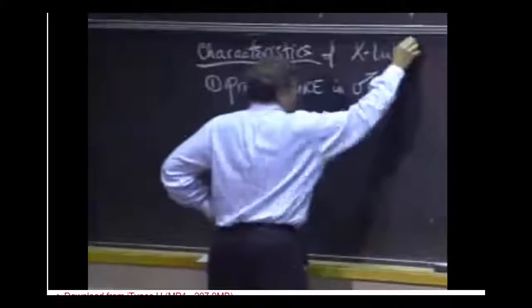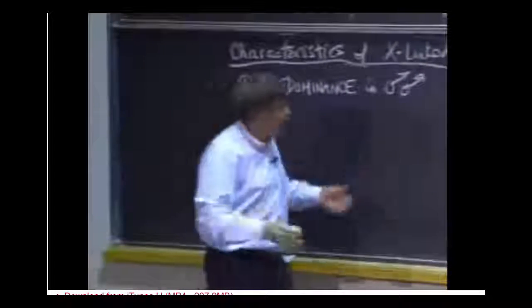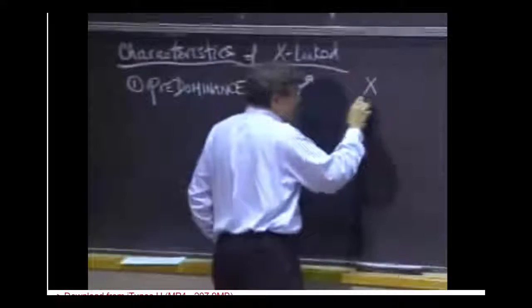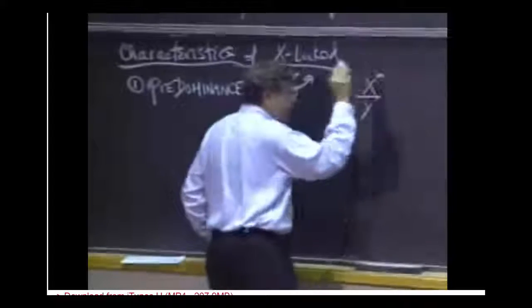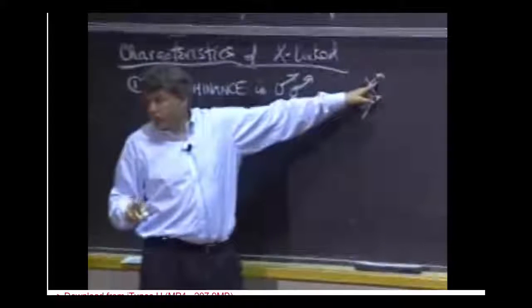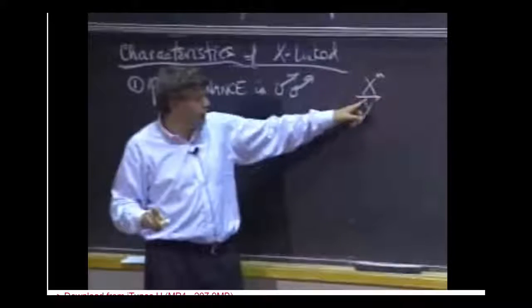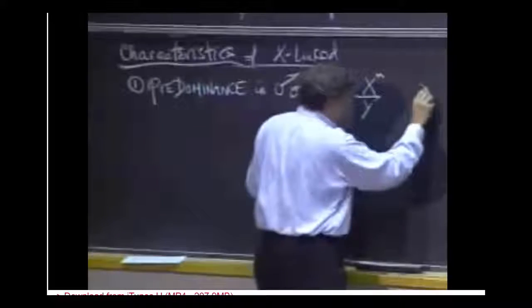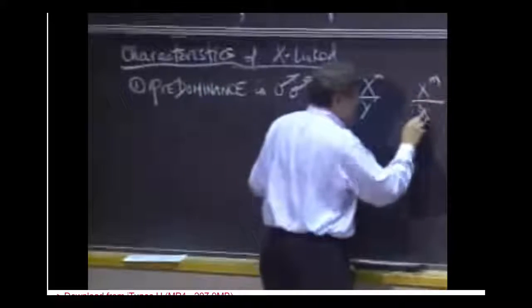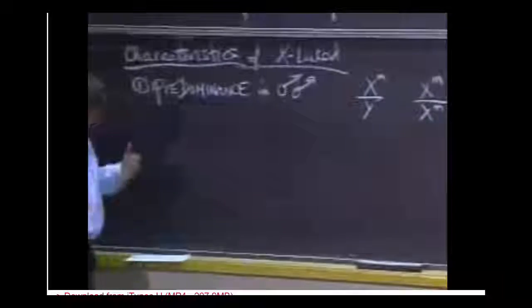Why is there a predominance in males? Well, if I have an X over Y and I've got a mutation carried on this X chromosome, males only have to get it on one, females have to get it on both, and therefore it's statistically more likely that males will get it.